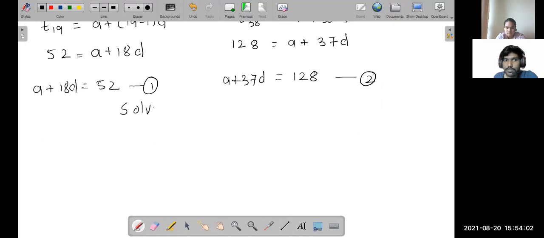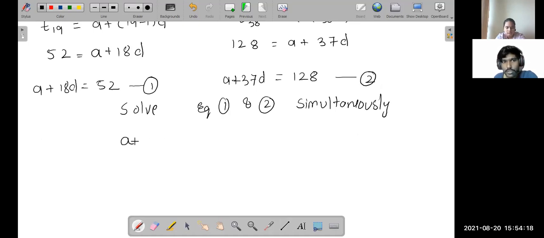Now I have to solve these two equations simultaneously to find the value of A and D. So let's do it simultaneously. What should I do, add or subtract?